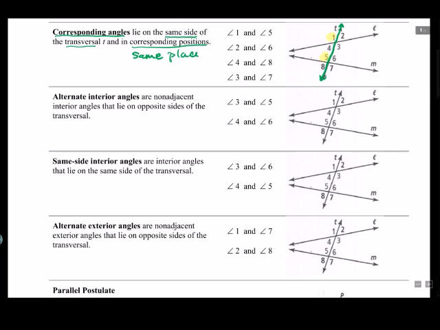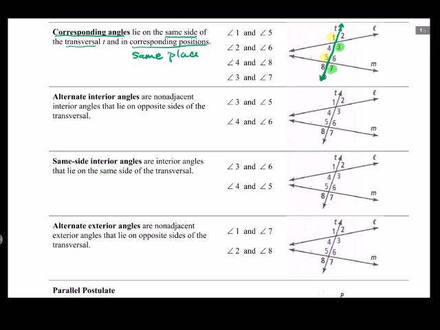Now it works for the other side as well. Angle 3 is below the line and to the right of the transversal. So here we go, 7 to the right of the transversal and below the line. Angle 4 is also below the line, but it's to the left of the transversal, just like angle 8 is. Left of transversal, below the line.